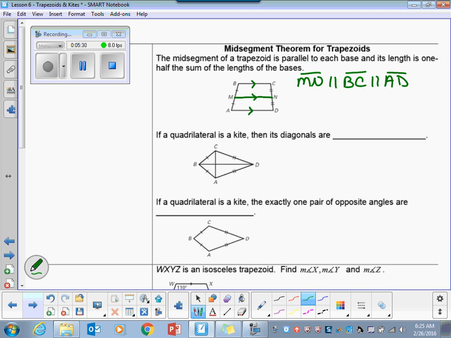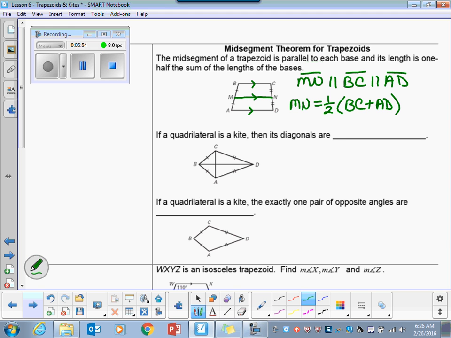And its length is 1/2 the sum of the bases. So the length of MN equals half the length of BC plus the length of AD. Now remember, your midsegment of a triangle was parallel to the third side and half the length of the third side. So these theorems are very similar to each other.